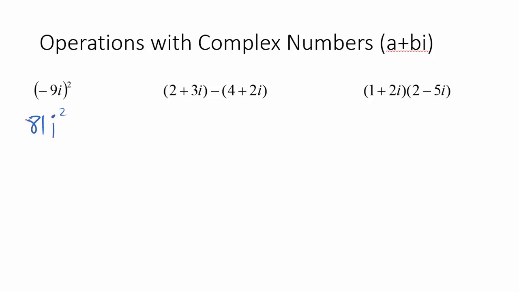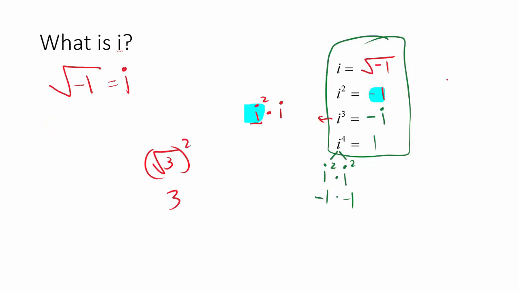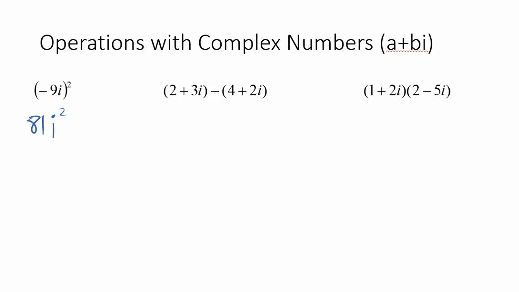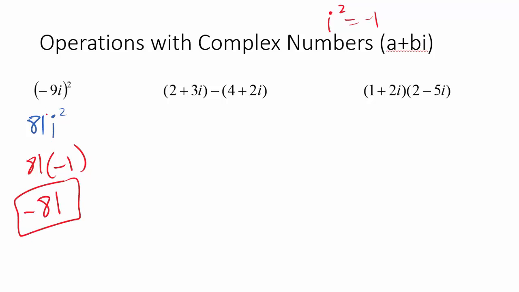And you may think that's your answer, but actually if we flip back here for a second, we said that this i squared is just equal to negative 1. So I'm actually going to take this one step further. A nice thing to remember here is that i squared is equal to negative 1, so we can rewrite this as 81 times negative 1, which is just negative 81 for our answer. So anytime you have an i squared, it's a good idea to replace that with a negative 1.